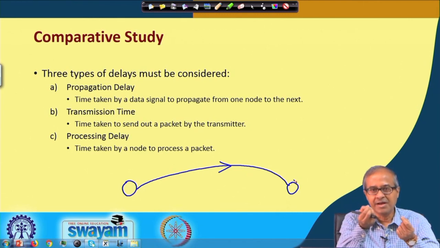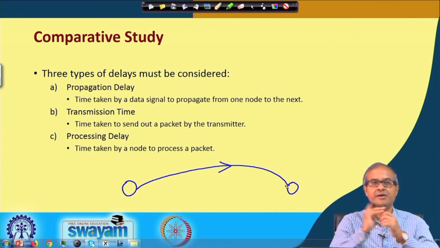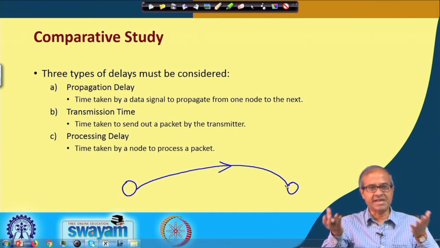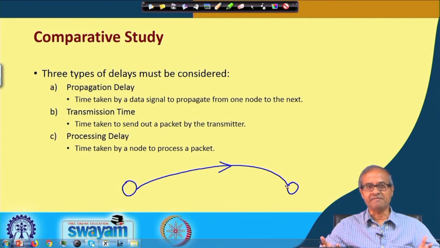How much time a single signal transition takes to move from one place to another. If it is a copper link, it can be something; if it is a fiber optic link, it can be different; if it is a satellite link, it can be different.